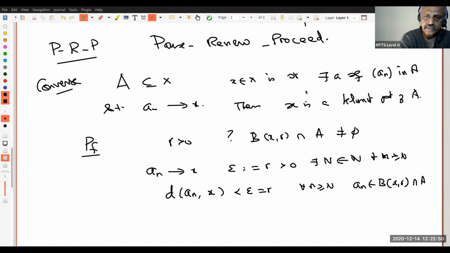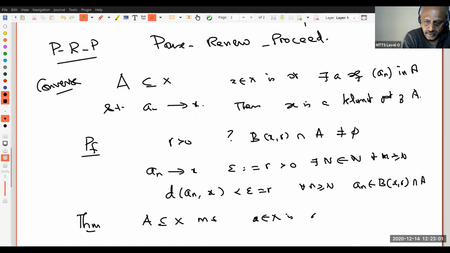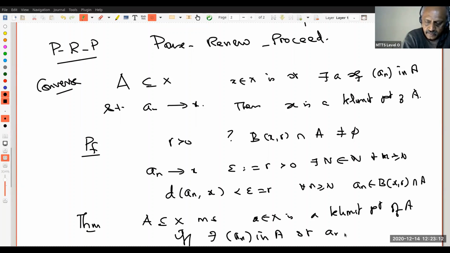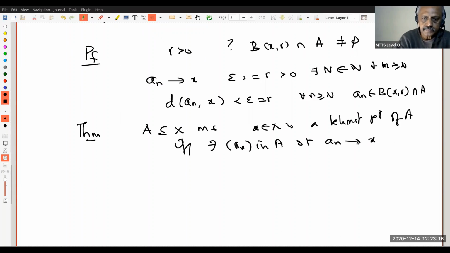So we can say that x is a limit point. So what have we proved? We have proved a theorem. A is a subset of X, a metric space. x in X is a limit point of A if and only if there exists a sequence a_n in A such that a_n converges to x. Okay, pause, review, proceed.